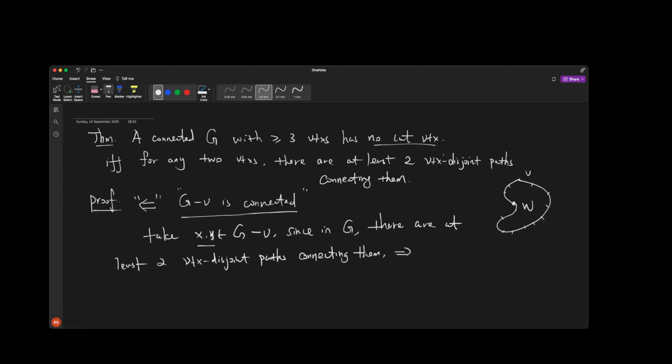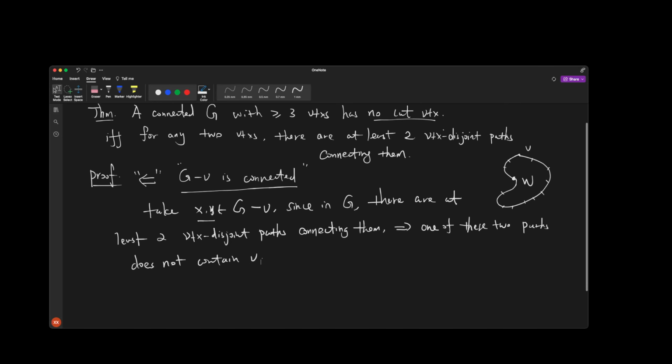So it means that one of these two paths does not contain V, in the original graph. So this particular path, which does not contain V, is a path in G minus V, right?